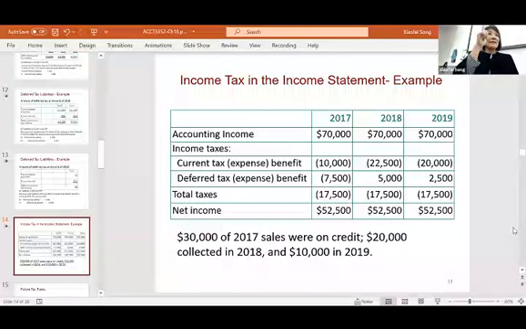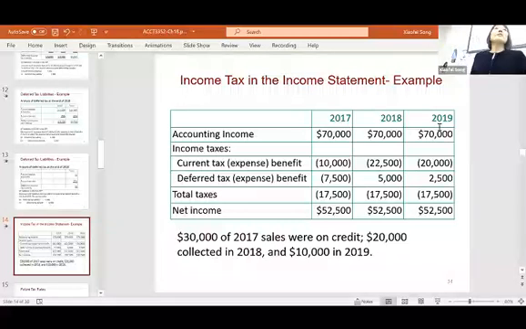Unless the tax rate is not the same every year, or if the tax rate changes, then you will not get the same number. If this is accounting income, even if not all of it has to be paid this year, I know all of it eventually needs to be paid. Why don't I just apply the tax rate to this number?